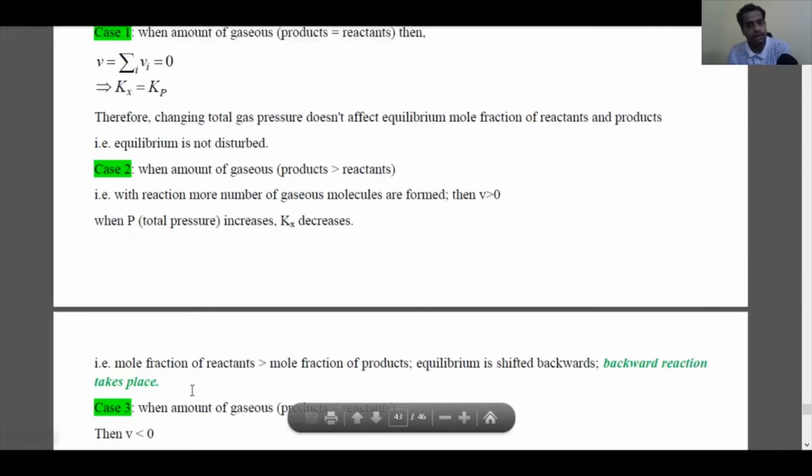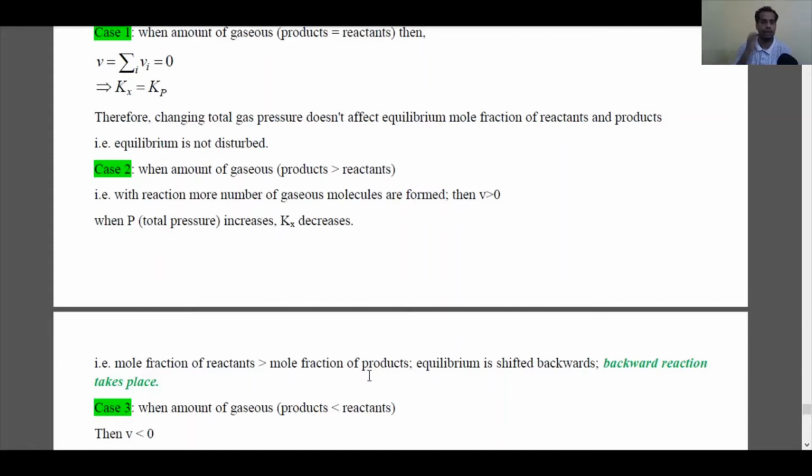So what does that mean? The mole fraction of reactants will be greater than the mole fraction of products, meaning equilibrium is shifted backward and the backward reaction takes place. Again I am repeating the whole case. When the number of moles of gaseous product is greater than gaseous reactants, and I increase the total pressure, Kx will decrease.